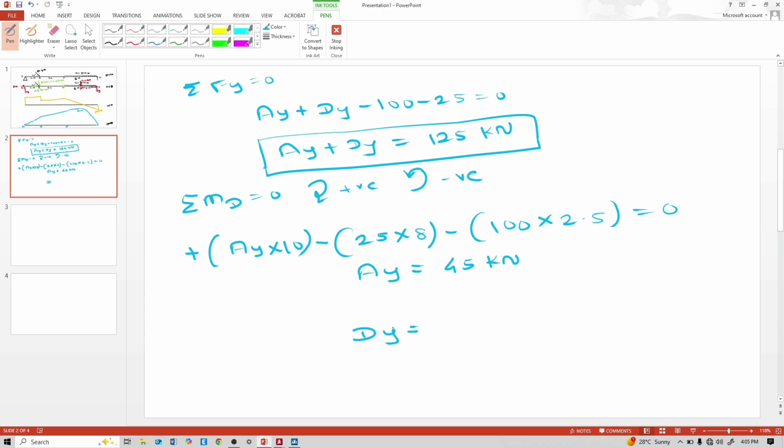DY is equal to 125 minus 45, it is 80 kilonewton. That means we have calculated DY and AY.